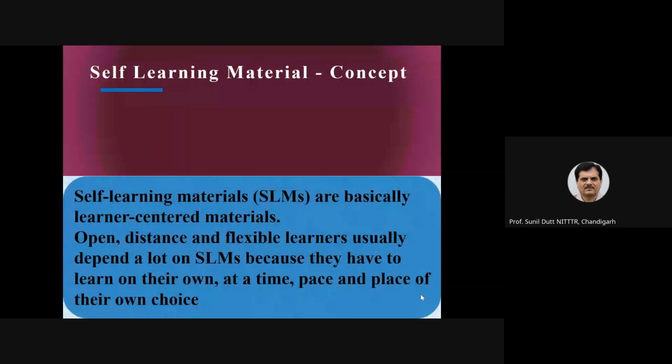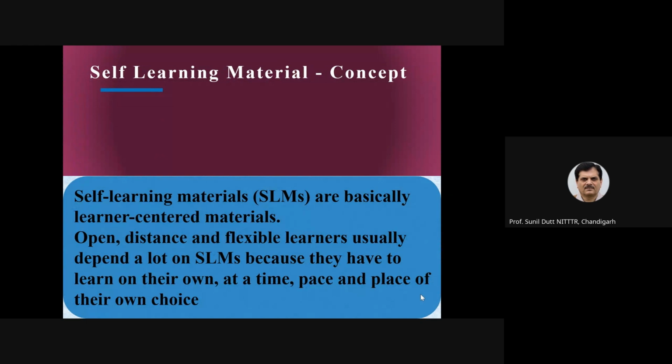Now, as I told you, as a teacher you have to develop e-content, maybe in the form of a self-learning or computer-assisted instruction package. Self-learning material is a method of providing individualized learning in which each student is active, proceeds at his or her own pace, and is provided with immediate knowledge of result.